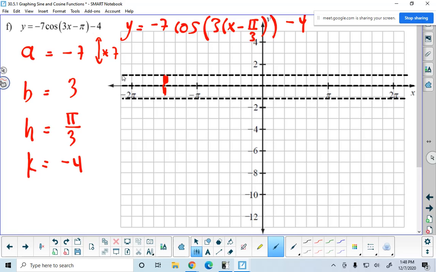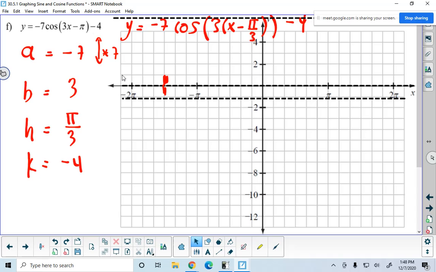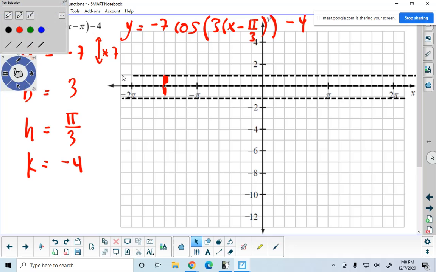Now, I don't have room to move this up to 7, but it doesn't matter. I don't have to. The -4 means I'm going to shift everything down 4 at some point. What does that mean?